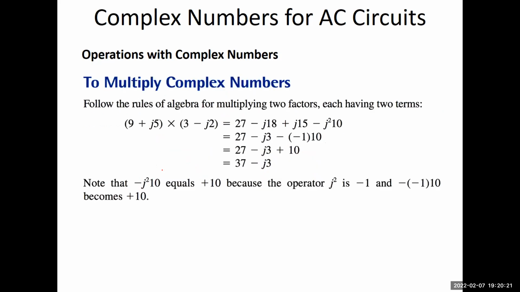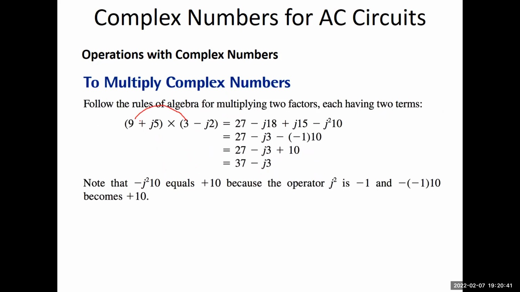So how about you multiply a complex number? Again, multiplying complex numbers is similar to multiplying binomials. So you make use of the FOIL pattern.